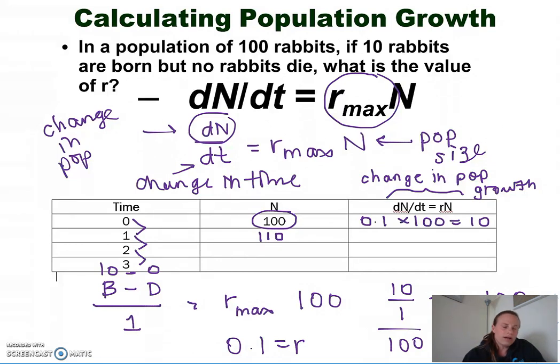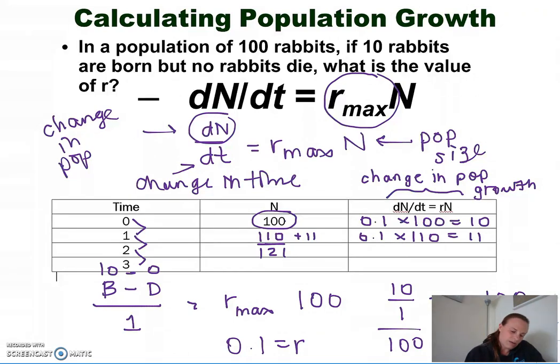Well, now I want to calculate the population change from 1 to 2. So again, I would take 0.1, but now I have to multiply it by my new population number, by 110. And now I've added 11 more rabbits. So in order to find out my population for that next time increment, I have to add 11 to it.